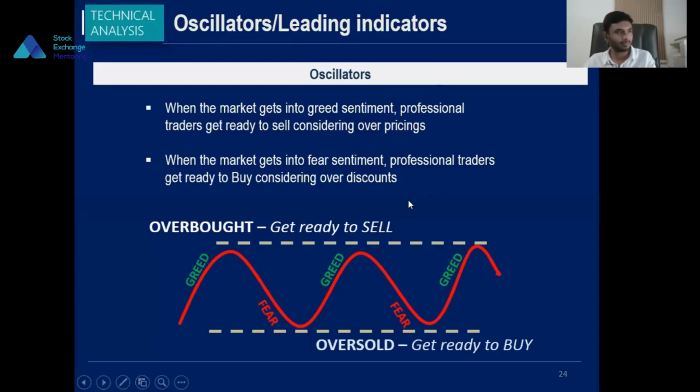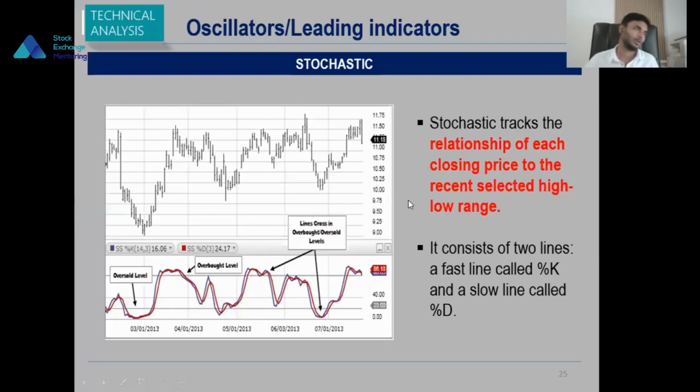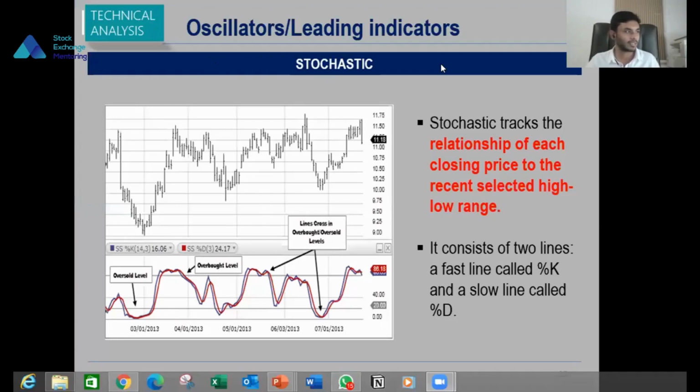We will quickly go through one of the famous oscillator indicators among traders, the stochastic, which identifies these emotional extreme points, with an overbought level and an oversold level. The indicator oscillates between these levels. If you identify the overbought levels, you can exit at that level at an advanced stage.